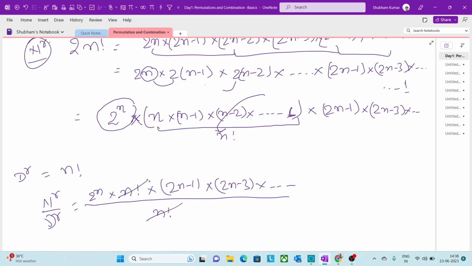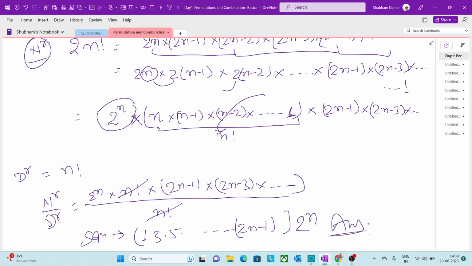These two cancel out. So in the numerator we are left with 2 to the power n into this thing. So our solution is nothing but 2 to the power n into 1 into 3 into 5 and so on up to 2n minus 1. So this is my answer. Okay, understood?